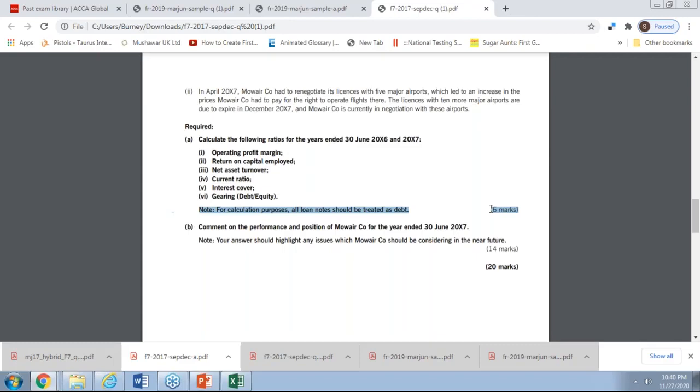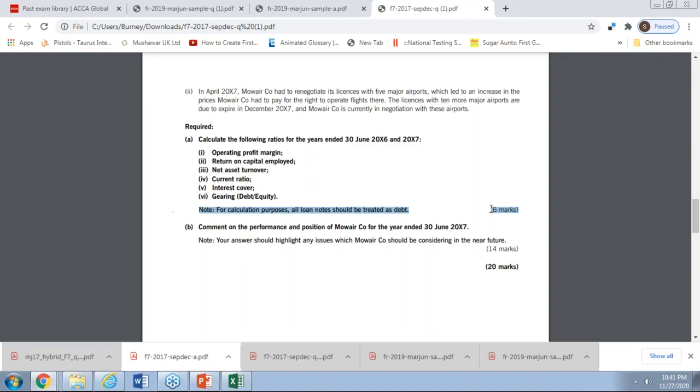So if you calculate all the ratios in a time of 20 or 30 minutes, you will lose marks, because you will only score 6 marks if you just calculate the ratios. Usually students do the calculation, spend most of the time on it, and leave the commenting area in the examination.